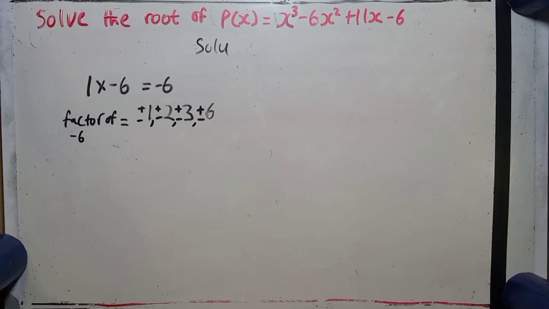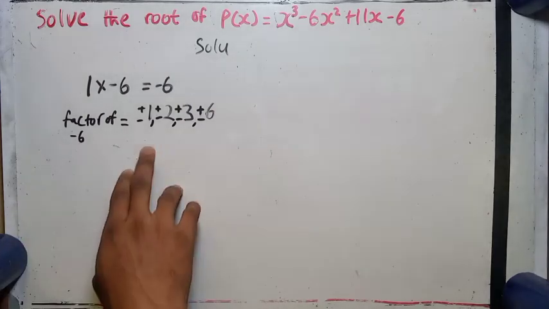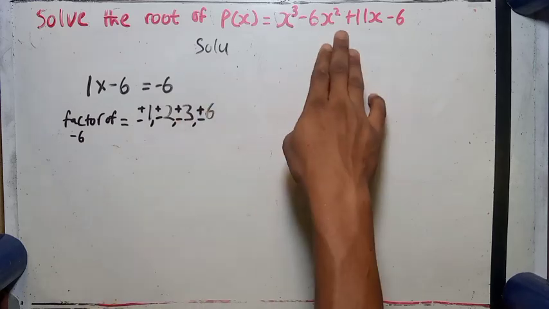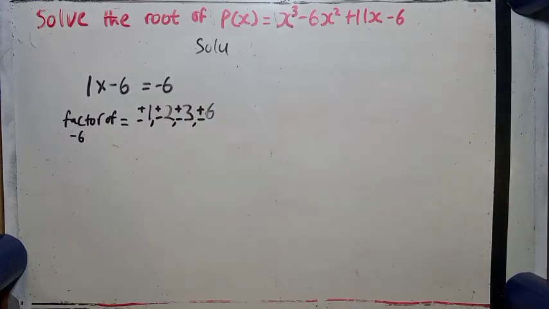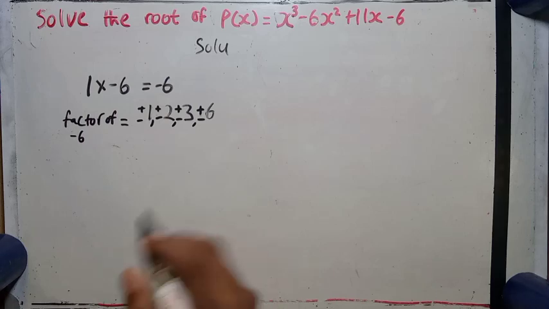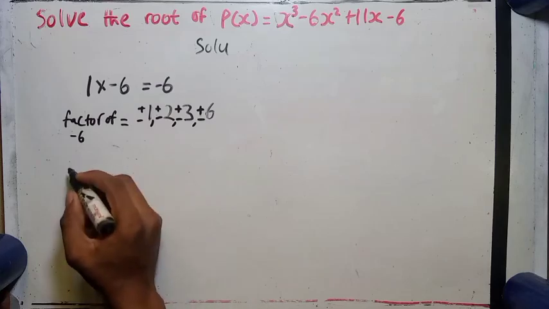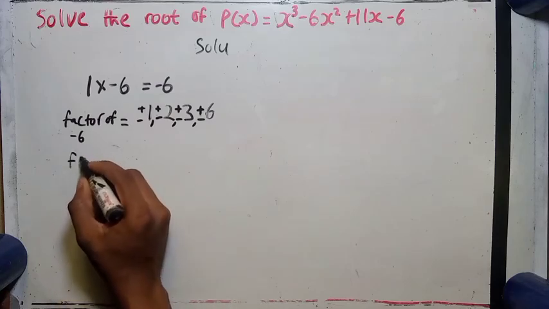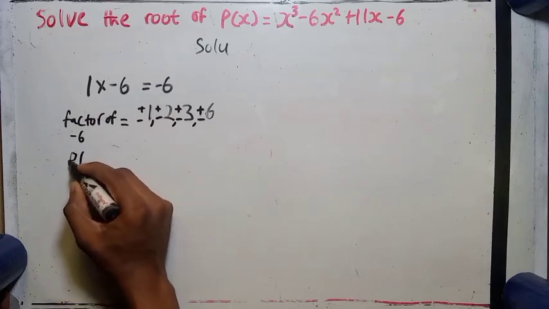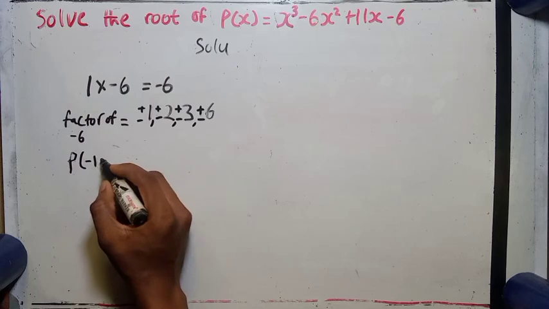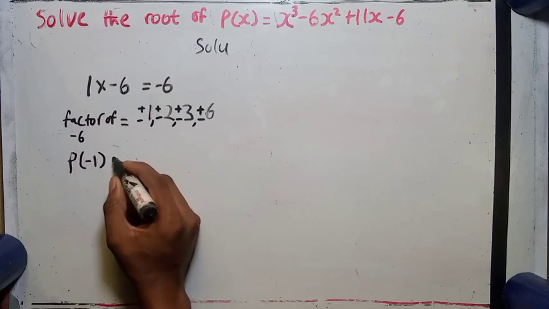Now, we're going to be trying each and every one of them to see the one that, if we substitute that value into this, will give us 0. So I'm doing that. Let's try for p of -1.